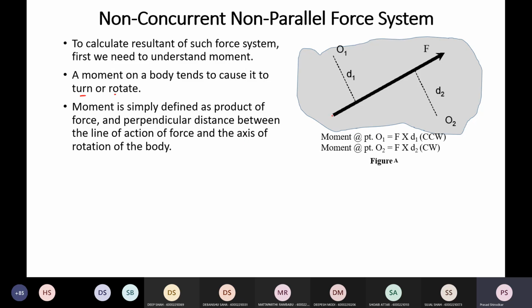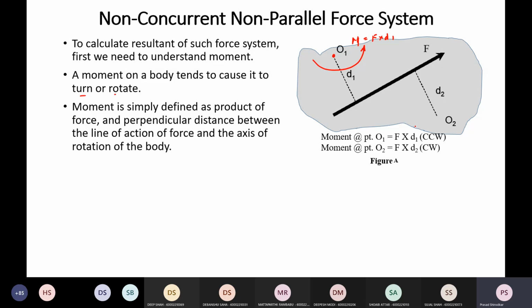Okay. So for example, if this is an irregularly shaped body and a force F is acting upon it. Now if you want to find out the moment of the force acting on this body at point 01, then that moment will be given as force into this perpendicular distance, that is d1, and this moment will tend to rotate this body in the anti-clockwise direction.